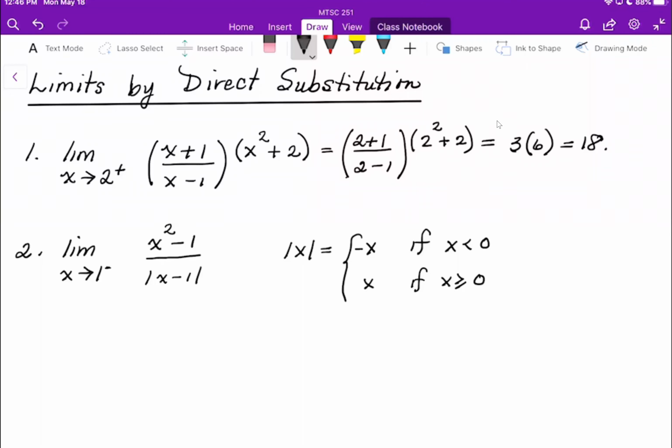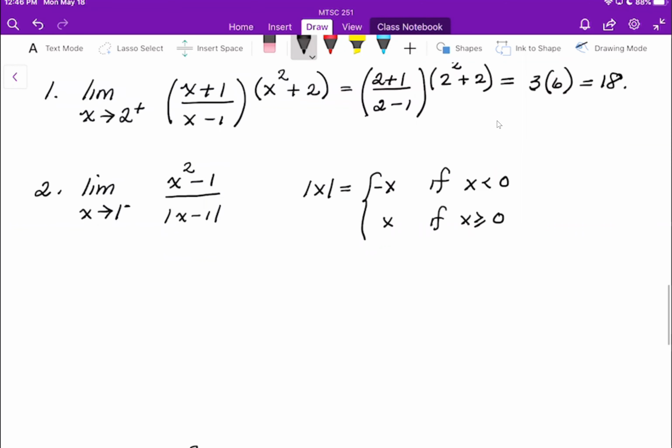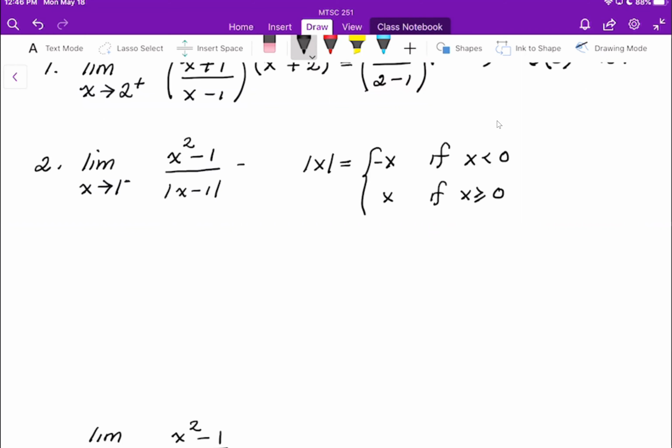Now let's look at something that's a little bit more difficult. That is the limit as x approaches 1 of x squared minus 1 over the absolute value of x minus 1. If we do direct substitution here, we end up getting 0 divided by 0. And we know that 0 by 0 is an indeterminate form.